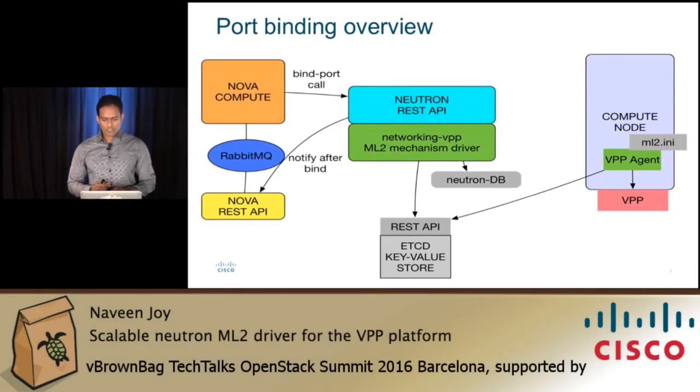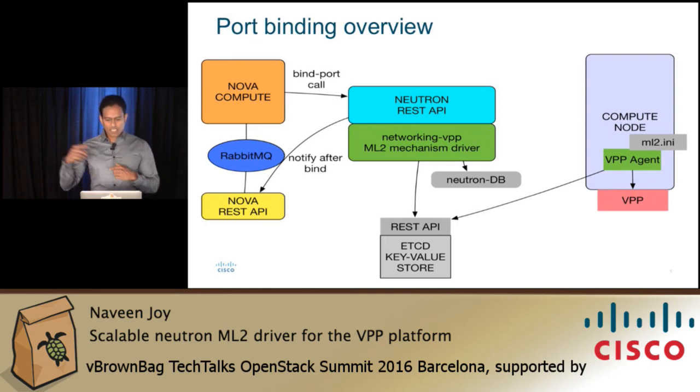One point to note here is that we are using Neutron DB as the source of truth, which means that when you send a bind port call, that call is initially stored inside Neutron DB, and we have a background thread that takes that information and injects it into etcd.